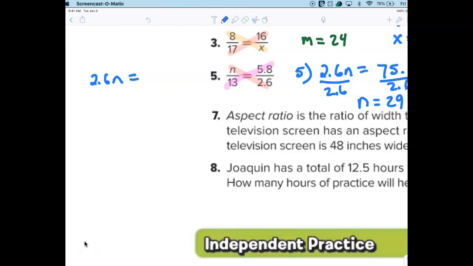How much? 75.4. Now, the rule is you cross multiply and then you divide. So you always divide by the number in front of the variable. 2.6, 2.6. And so now n is equal to what? There you have it. That is all there is to it. Cross multiply and divide.